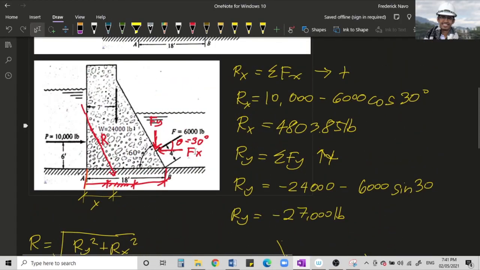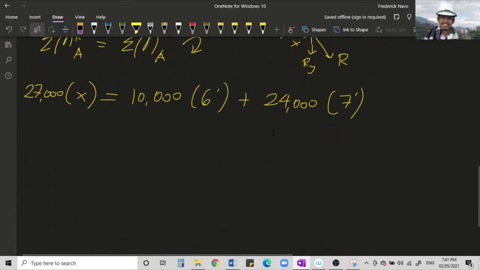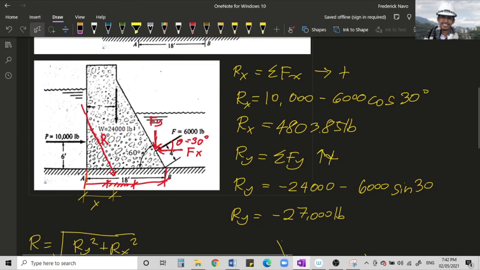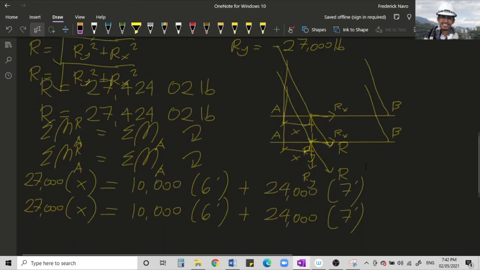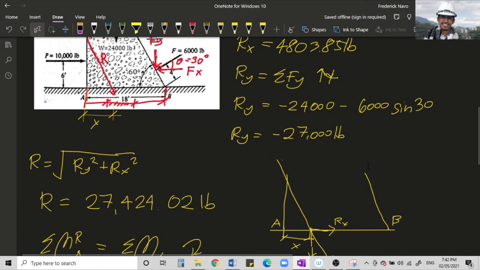Yung mag-moment sa force F natin is yung Fy. Tama? So, yung Fy ang mag-moment. So, kunin natin yung distance ng Fy from point A. Okay? So, i-drawing natin yung distance. So, our Fy is 6,000 sine 30. Tama? So, that will be plus 6,000 sine 30. So, paano natin kukunin yung distance niya?